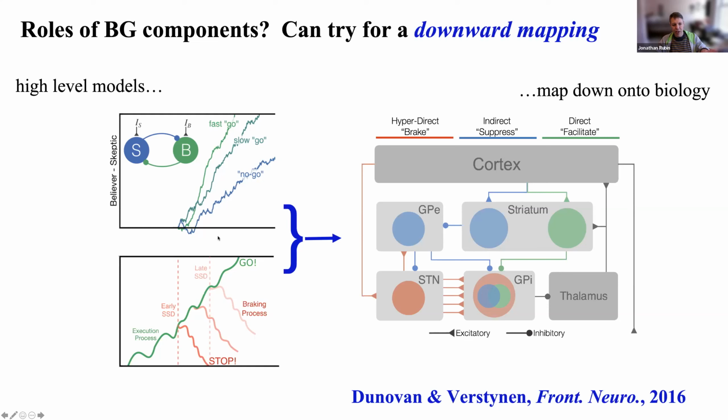And it turns out, you can look at the wiring diagram of the basal ganglia and make a mapping that says, yes, if we look at the basal ganglia as a feed-forward-like structure, where you get inputs from cortex, and you give outputs down here from this area called the GPI, then one stream of connections, if you look at which ones are excitatory and which ones are inhibitory, has the potential to promote a signal getting through, which in this framework would correspond to committing to a decision.